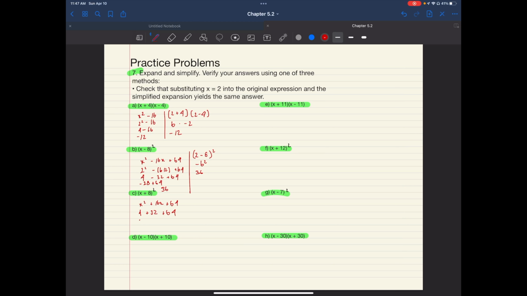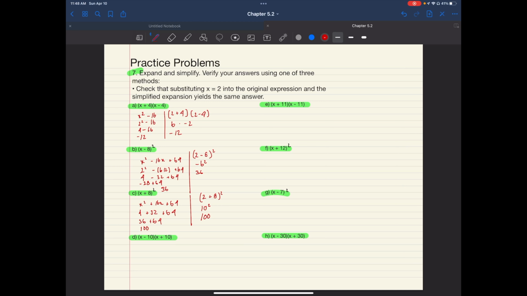We end up with 36 plus 64. That's going to equal 100. Plug into the original equation. This is going to be 2 plus 8 squared, 10 squared. That's going to equal 100. No, sorry, that does not look like 100.